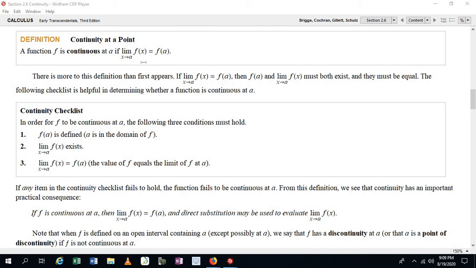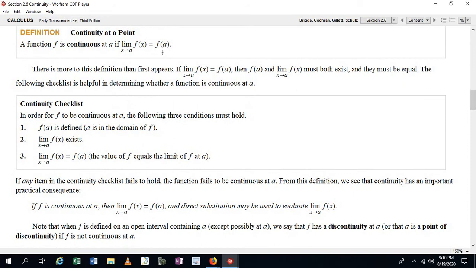Okay, so that's what we mean by continuity at a point. Now there's really three conditions that need to be satisfied in order for this limit to be equal to f evaluated at a. Obviously, both of these have to equal numbers. So f evaluated at a must be defined, and the limit must exist.